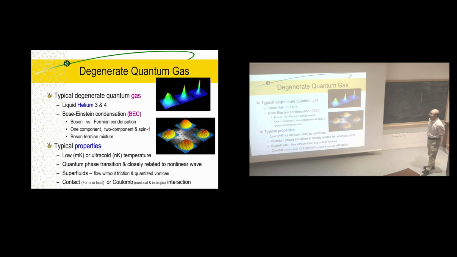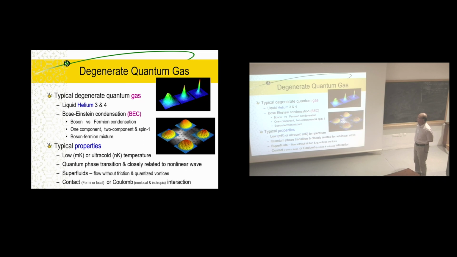These quantum gases share some properties: they have microkelvin or ultra-cold nanokelvin temperatures, they are realized in experiments, they exhibit quantum phase transitions, and they are closely related to nonlinear waves. They are called superfluids, meaning they flow without friction, and a typical signature phenomenon in experiments is that they support quantized vortices. In this density plot, you have little holes.